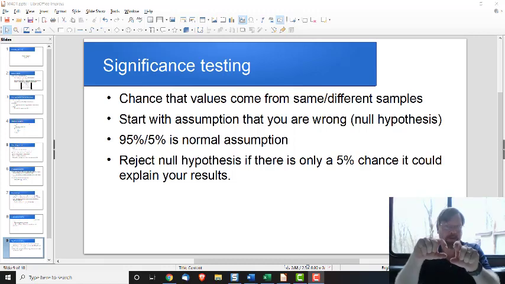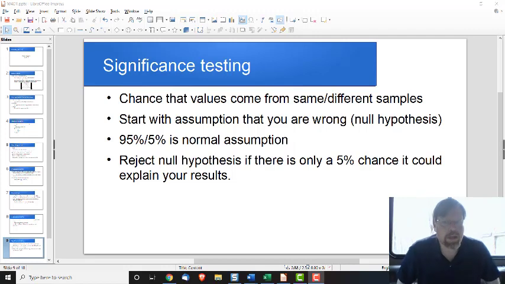So I'm going to start off by assuming that they're different. That's my null hypothesis, is that they're different. And then I'm going to do the calculations to show whether or not that's correct.